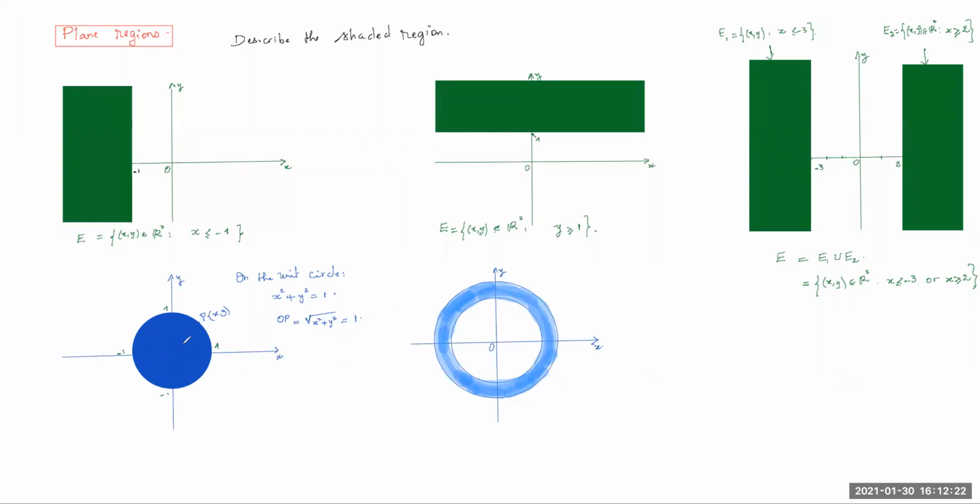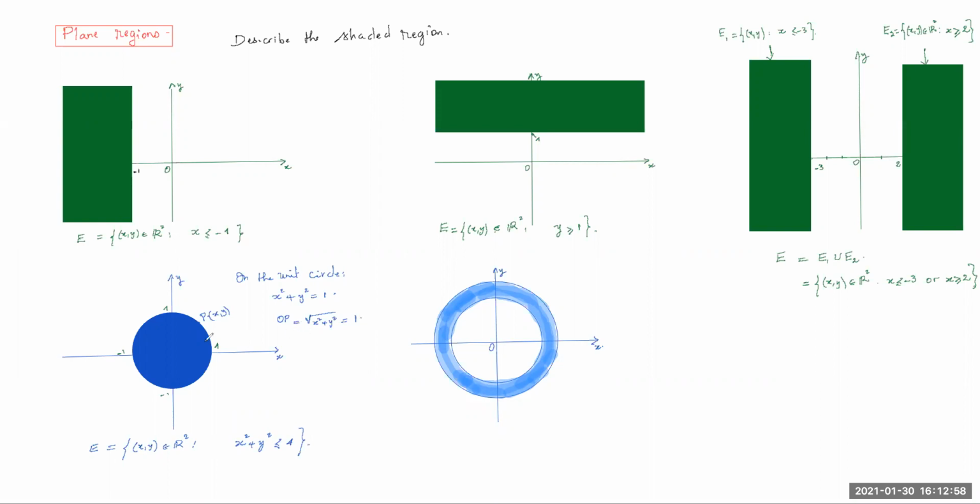Now, for points inside, I can imagine my circle as a union of infinite circles inside. Finally, I will get circles with smaller radius. So my set I can describe as (x, y) in R², in the plane, such that the distance squared is less than or equal to 1.